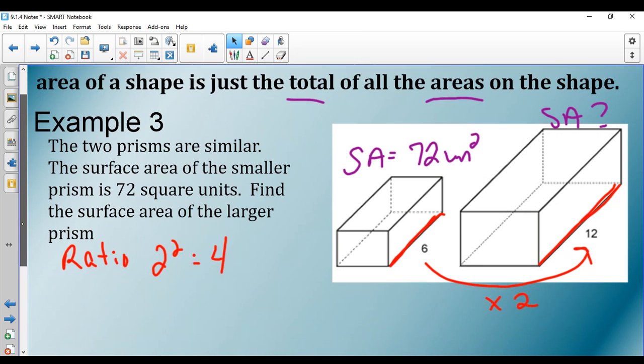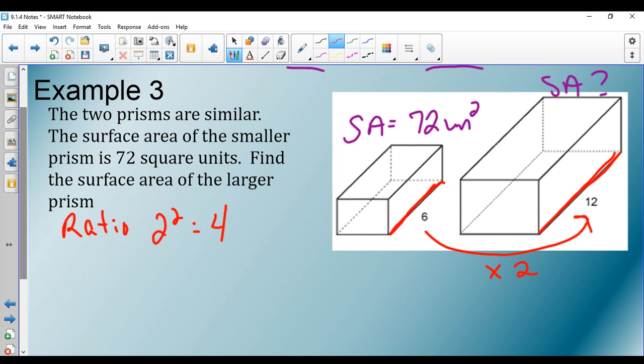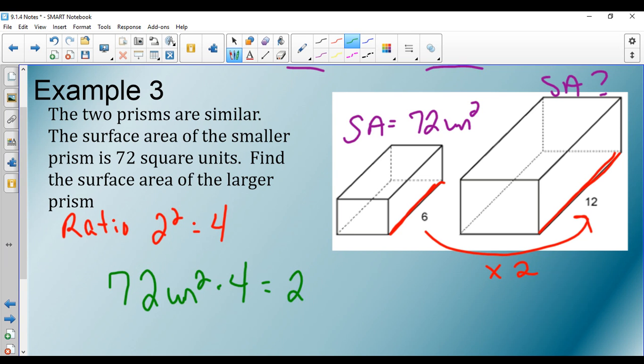So the same thing holds true: if the surface area of the smaller shape is 72 units squared, then our ratio is 4 times larger for the area. So we'll just do 72 times 4, which gives us a new surface area of 288 square units. And that's all we're looking for.